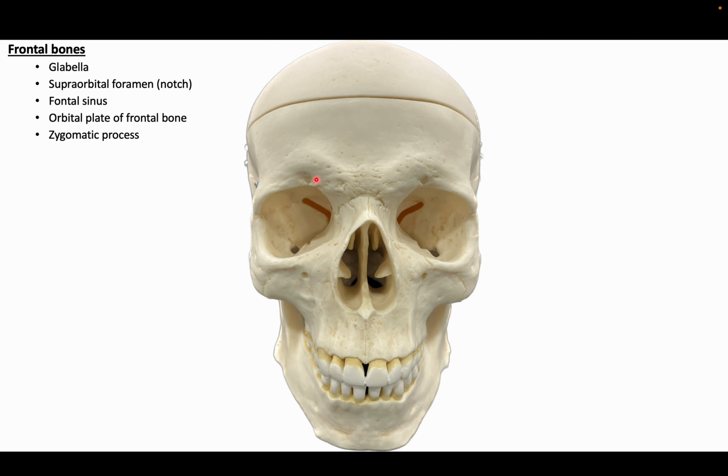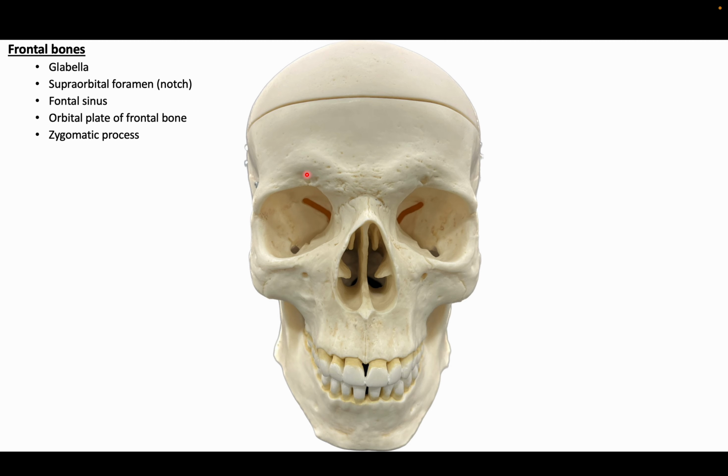The primary function of it is to allow for nerves, arteries and veins to pass through. And these blood vessels and nerves are going to provide sensory innervation, taking nerve endings and blood to and from the forehead, eyelid, and pretty much the anterior scalp. So this is the supraorbital foramen.